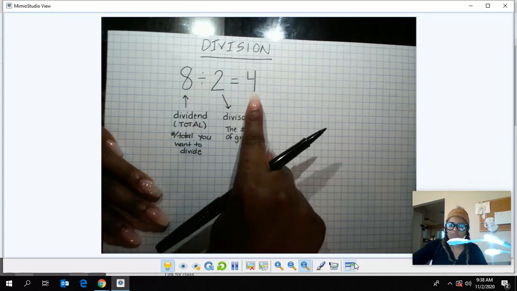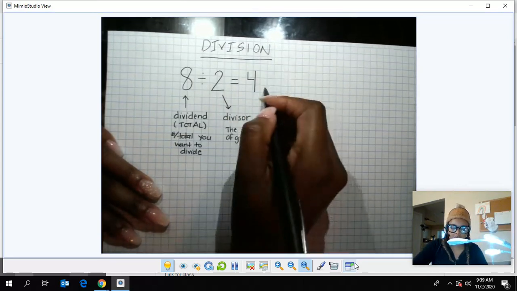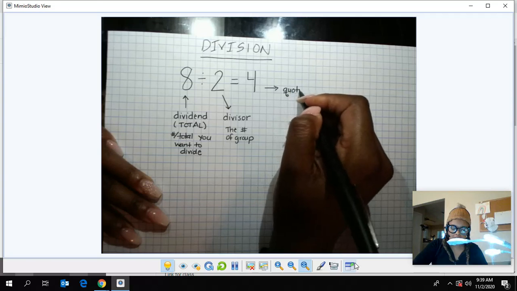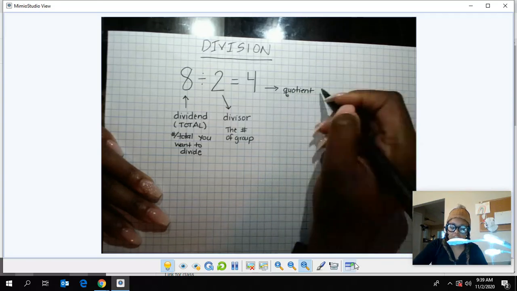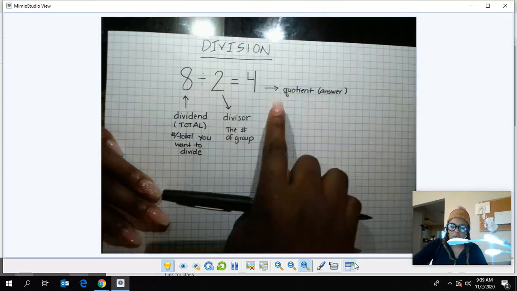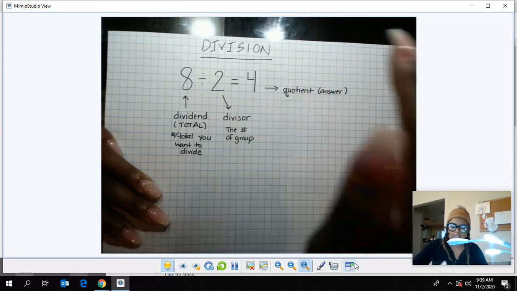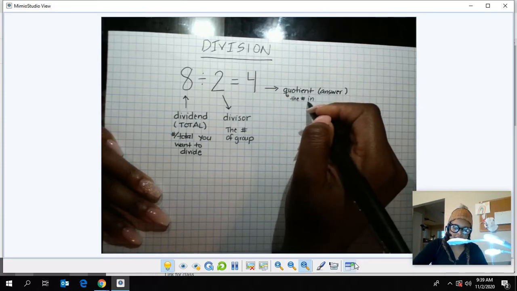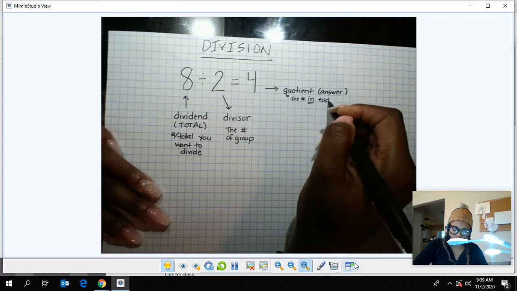And then we have our 4. And 4 is the quotient, which is the answer. The quotient also tells us the number in each group.